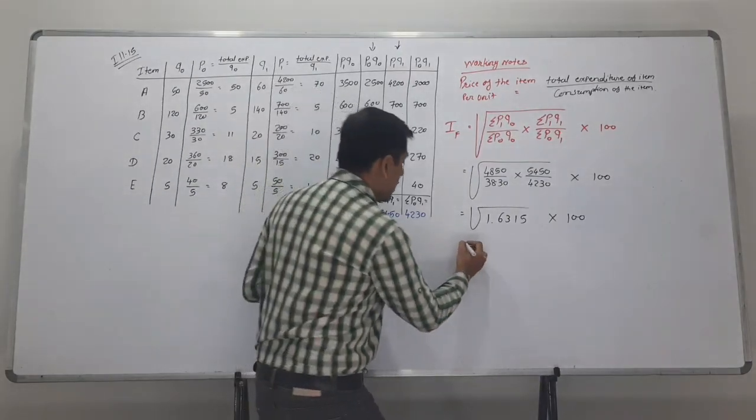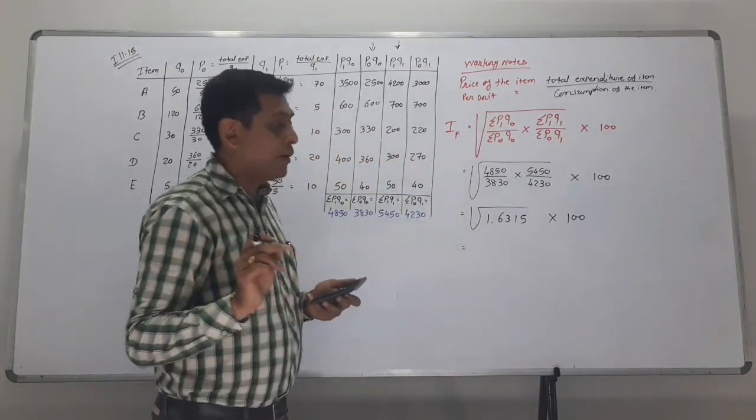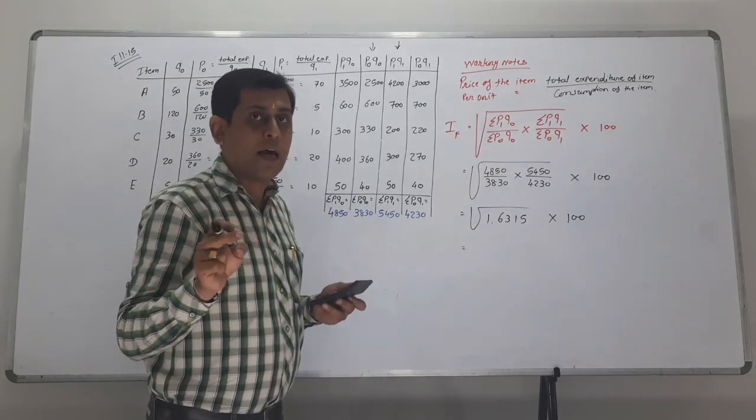It is outside the square root. So first find the square root and then multiply with 100.